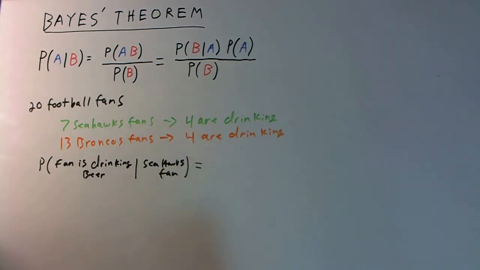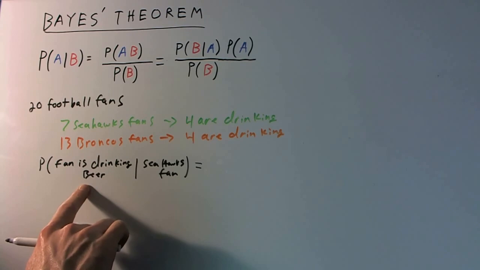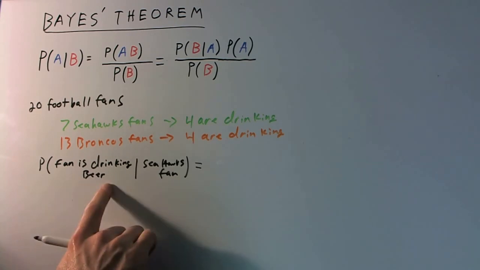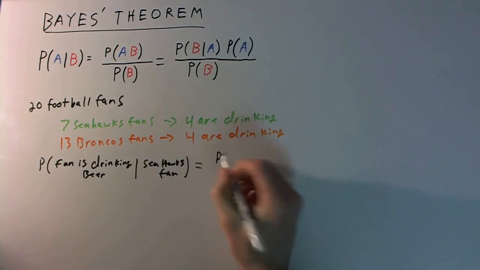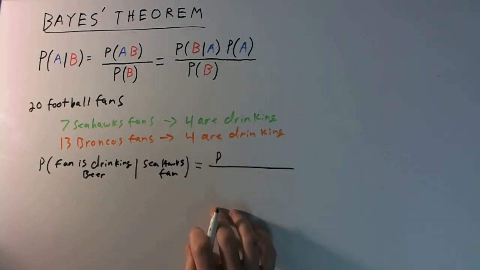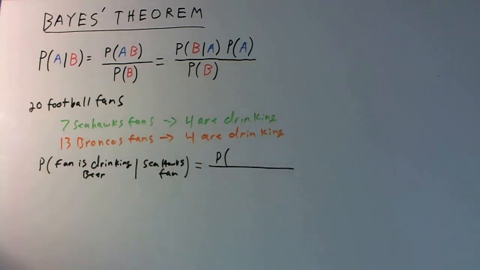Now we apply our formula, right? So we know that in this case, A is going to be the fact that the fan is drinking beer, and B is going to be the fact that he's a Seahawks fan, right? So B is given. We know that this person is a Seahawks fan. We're trying to figure out whether he's drinking beer or not, right? So this is going to be equal to the probability of B given A, right?